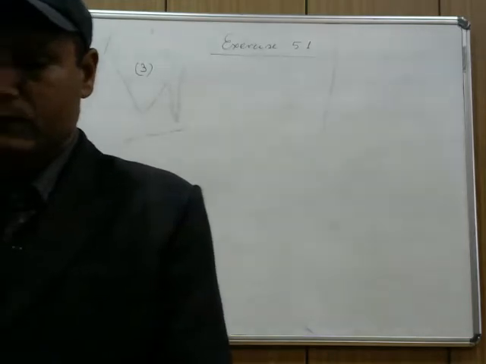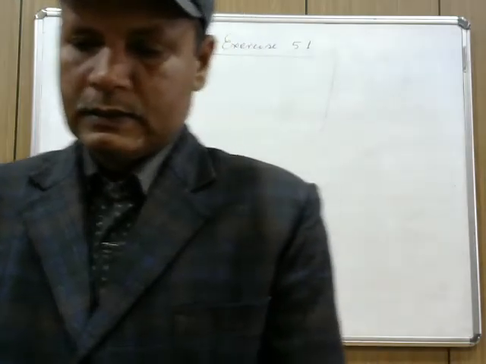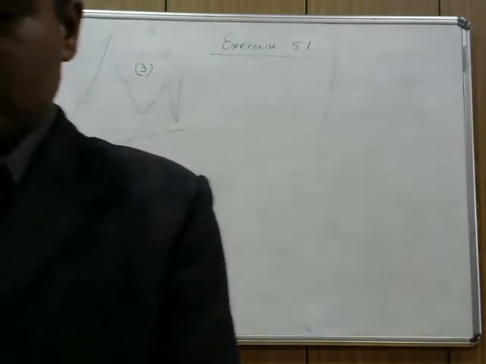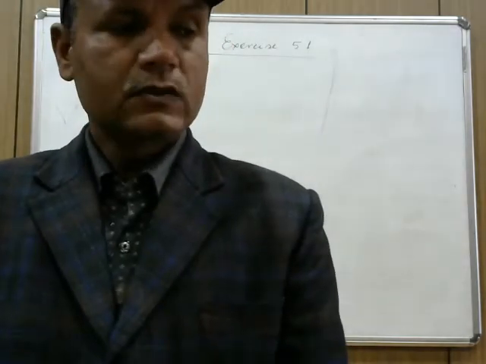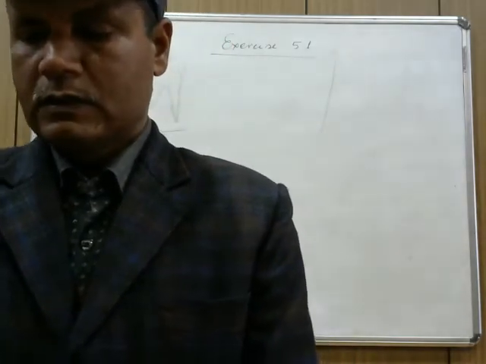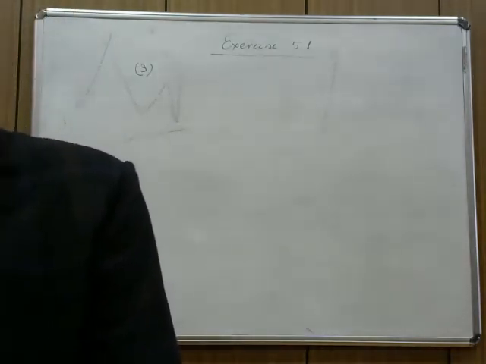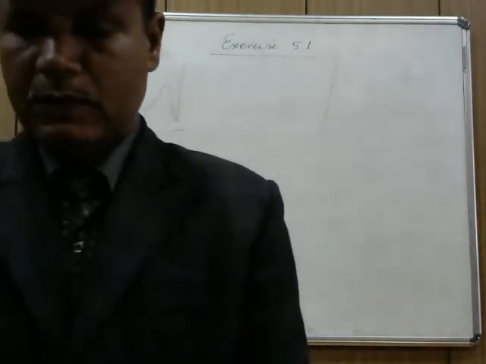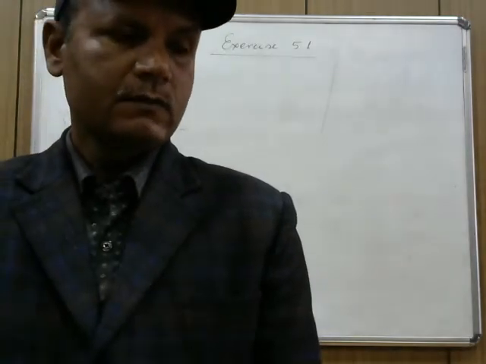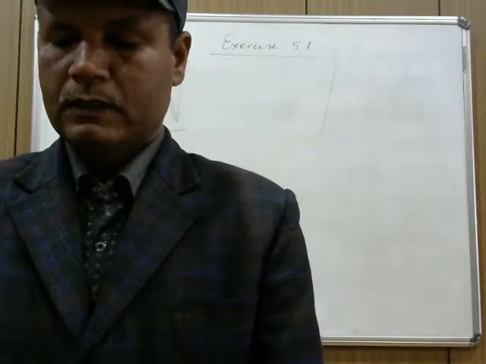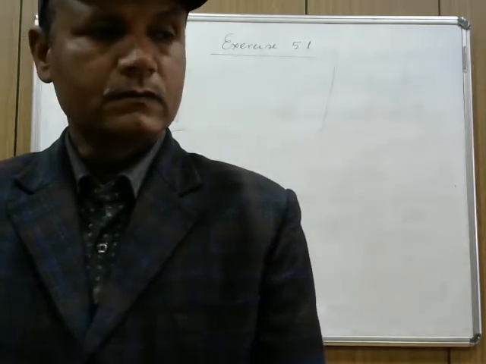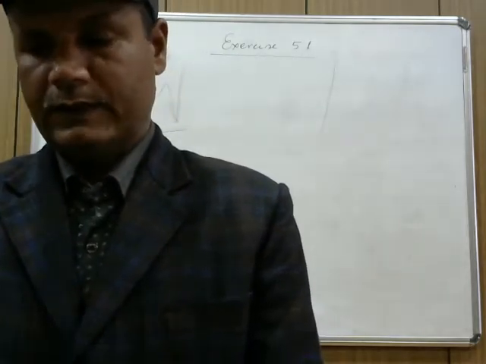There are 4 parts. The first function is f of x equal to x minus 5. Part B is f of x equal to 1 upon x minus 5. Part C is f of x equal to x square minus 25 upon x plus 5. And part D is f of x equal to modulus of x minus 5.